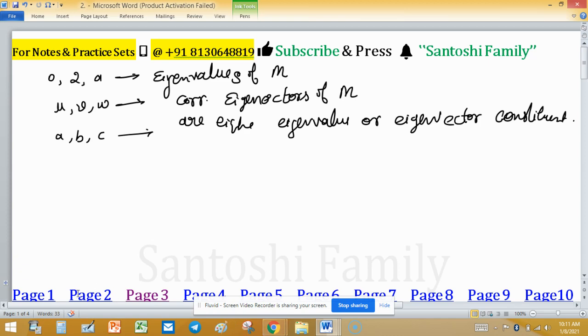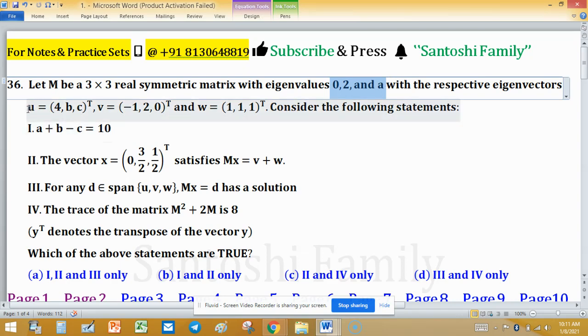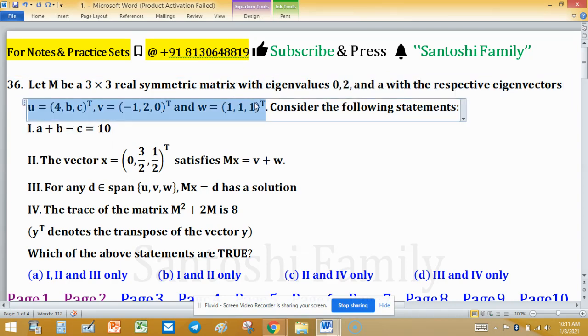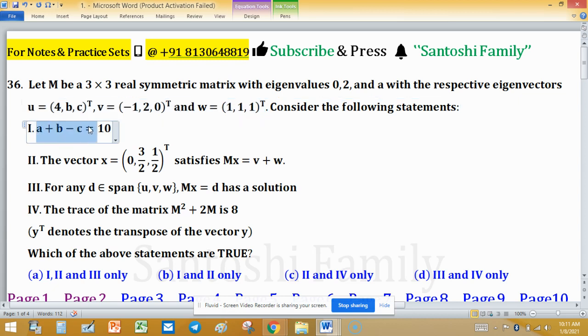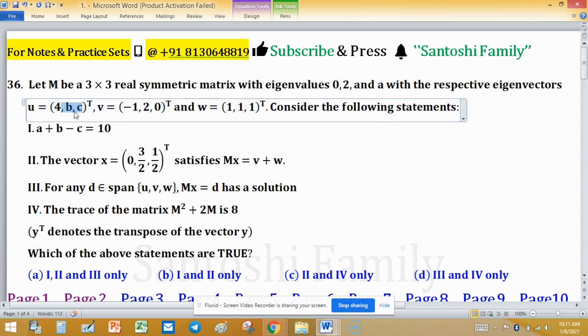Now you can check here: these are eigenvalues, and u, v, and w are eigenvectors. In the options, a is coming from the eigenvalues, and b and c are coming from the constituents of u.